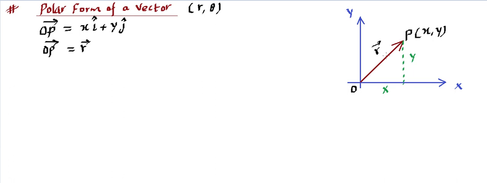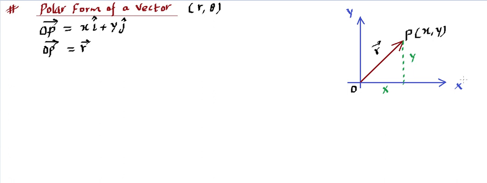Now since for a vector two things matter, one is the direction, another is the magnitude. Magnitude represents the length of this OP and the direction represents from O to P. Now to measure this direction, we will be using theta. So theta has a particular way of measurement.